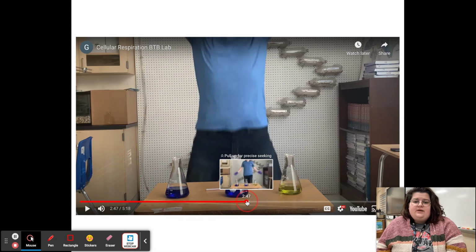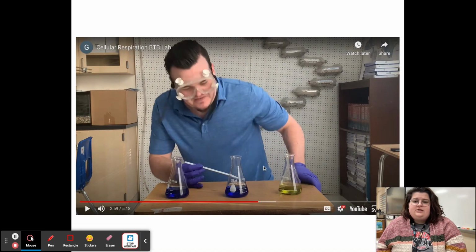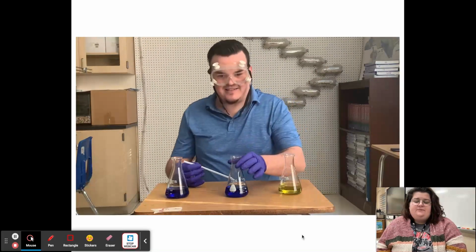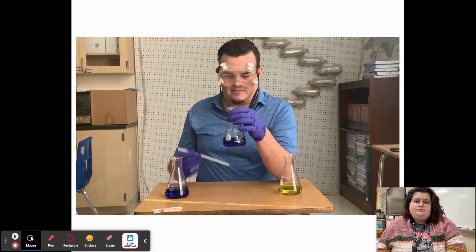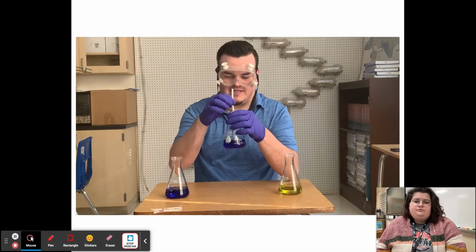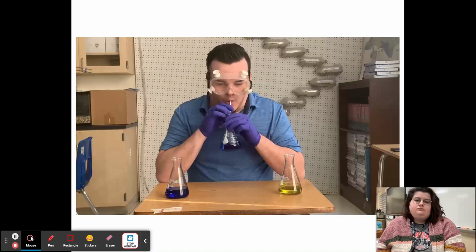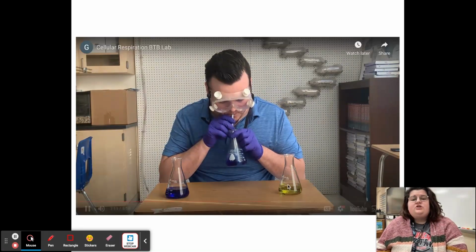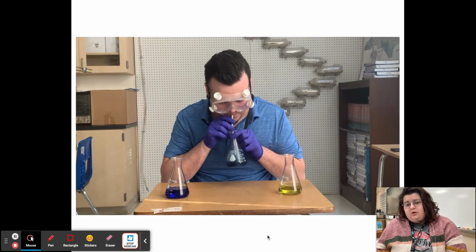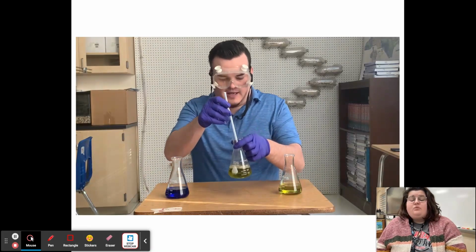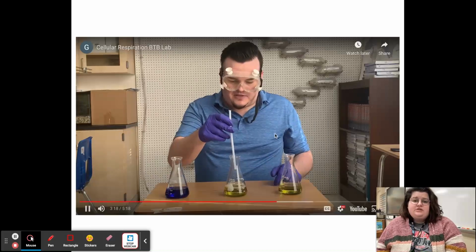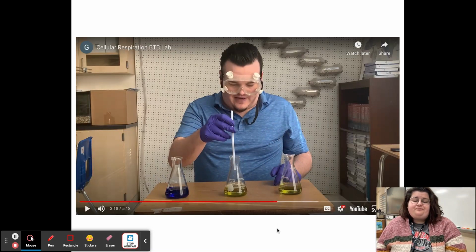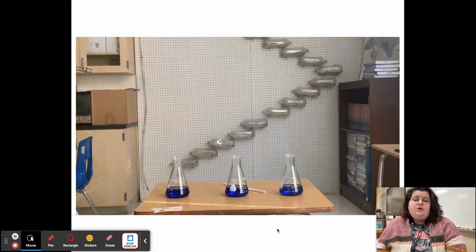Then he's going to do exercise, he's doing jumping jacks, and he's going to go through the BTB again. And what you will see is that the color is going to change quicker, right? Because he is going to be breathing out more carbon dioxide because of the exercise. And that is what we did in the lab, if you remember.